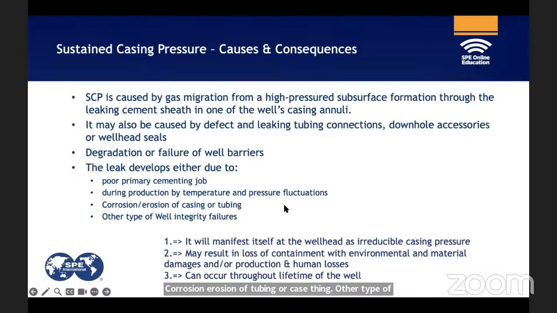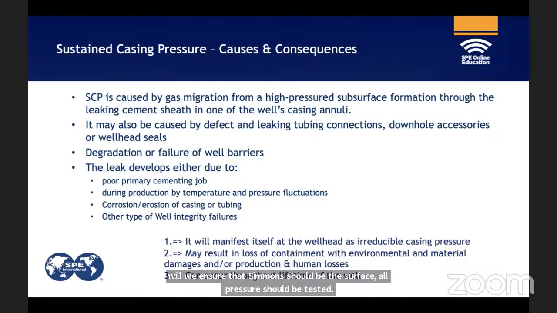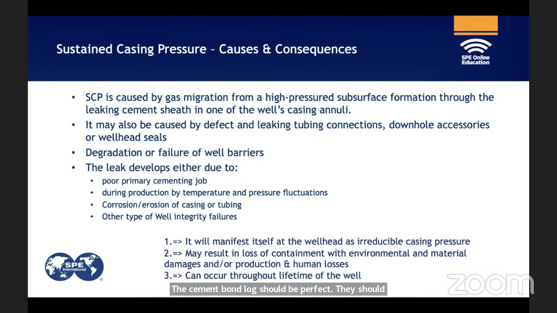So that's why we always insist on doing the job right the first time. When we are drilling a well, we ensure that cement should be at the surface, all pressure should be tested, the cement bond log should be perfect, there should not be much microannulus, and cement should be fully supported behind the pipe, at least across aquifers or other fluids, or if there is a corrosive fluid behind the pipe.